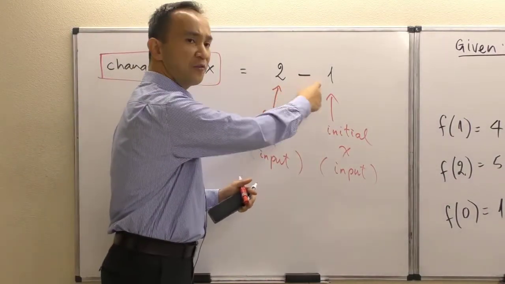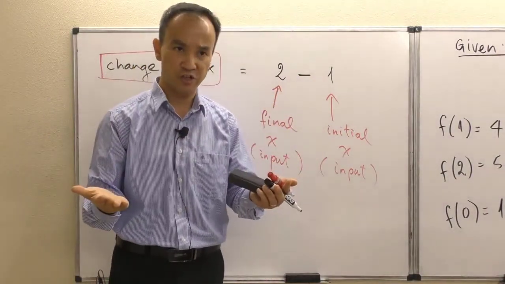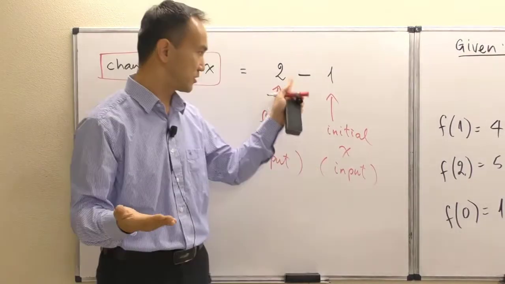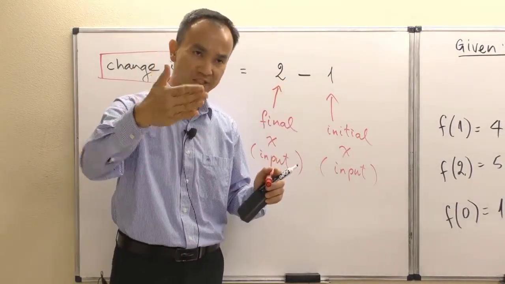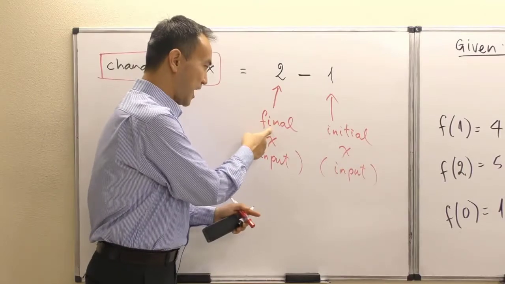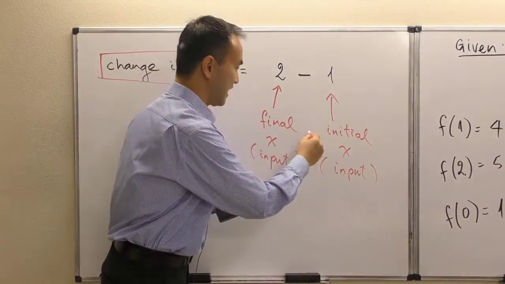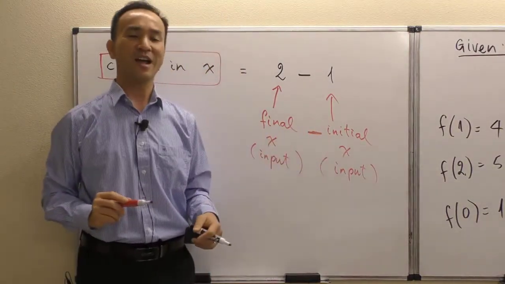The work to calculate how much change has gone by is 2 minus 1: final x minus initial x. That's a set rule to calculate the change in x.